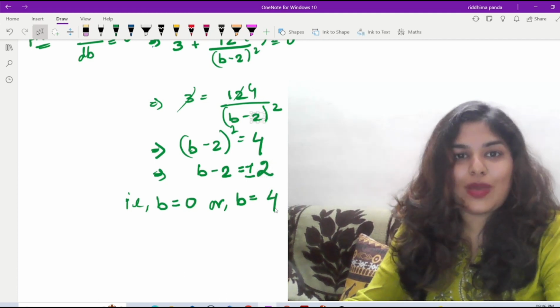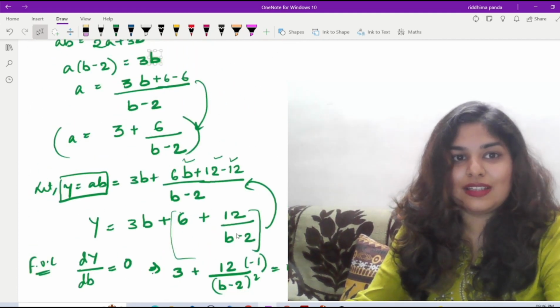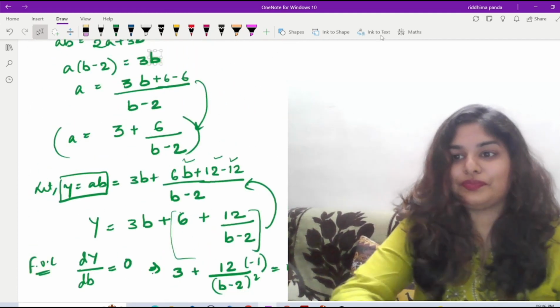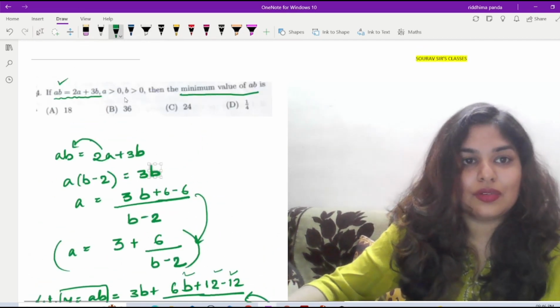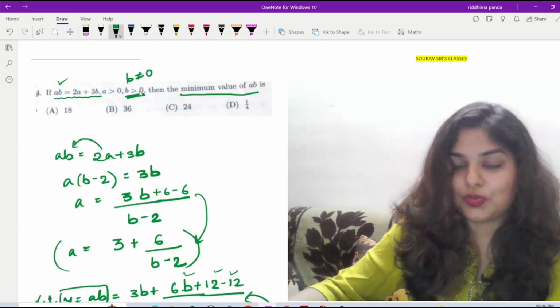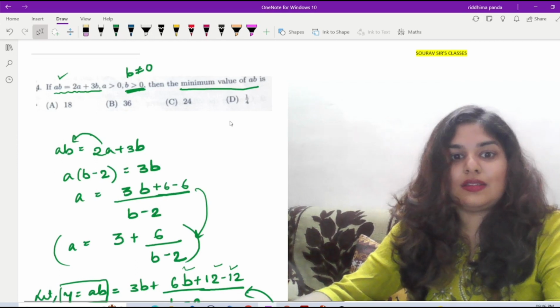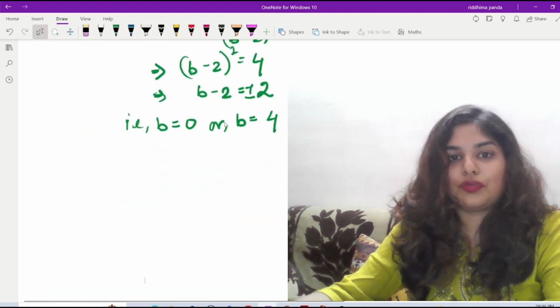Now let's move back to the question and have a look at the condition that is given in the question, that b is greater than 0. That means b cannot be 0. So I have to consider the value b is equal to 4.